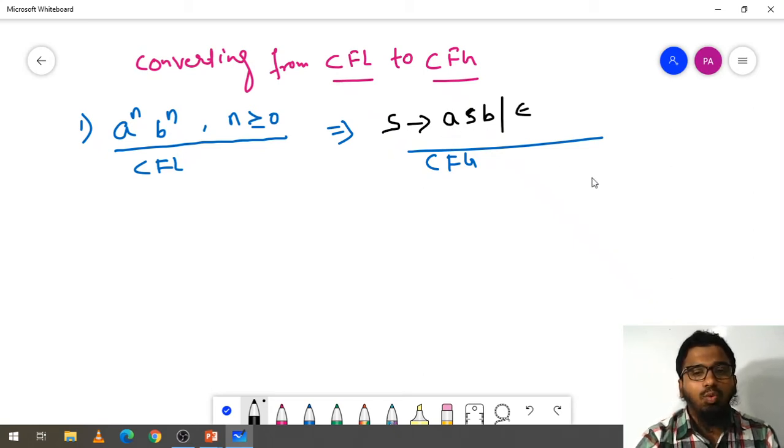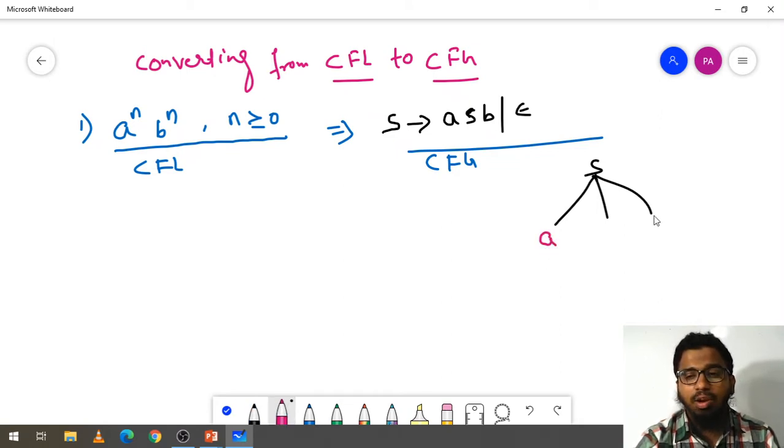We need to do it as in the last class, where we saw the leftmost derivation and rightmost derivation. In the same way we need to make a tree. First is S. S is divided into 3: a is a terminal, S is a non-terminal, B is a terminal.